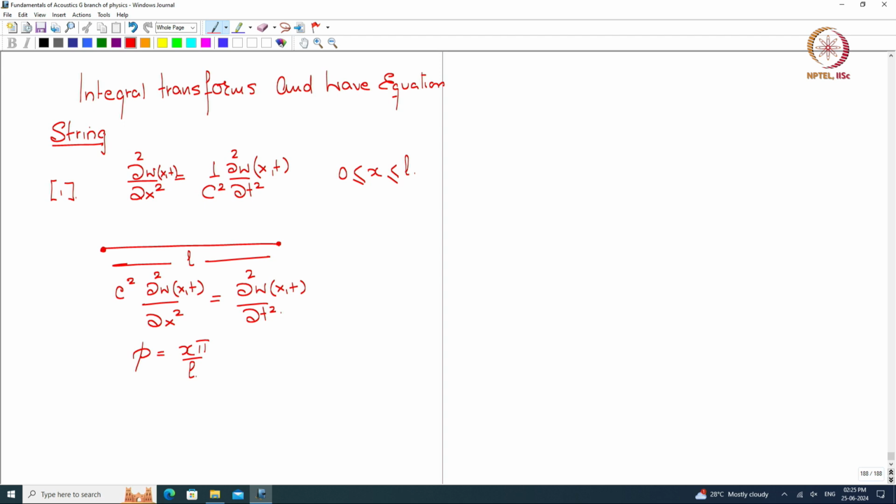Then del by del P is equal to del by del x into del x by del P. So if I use this transform, what I get is pi square c square by L square del 2 W(P, T) by del P square is equal to del 2 W(P, T) by del T square.